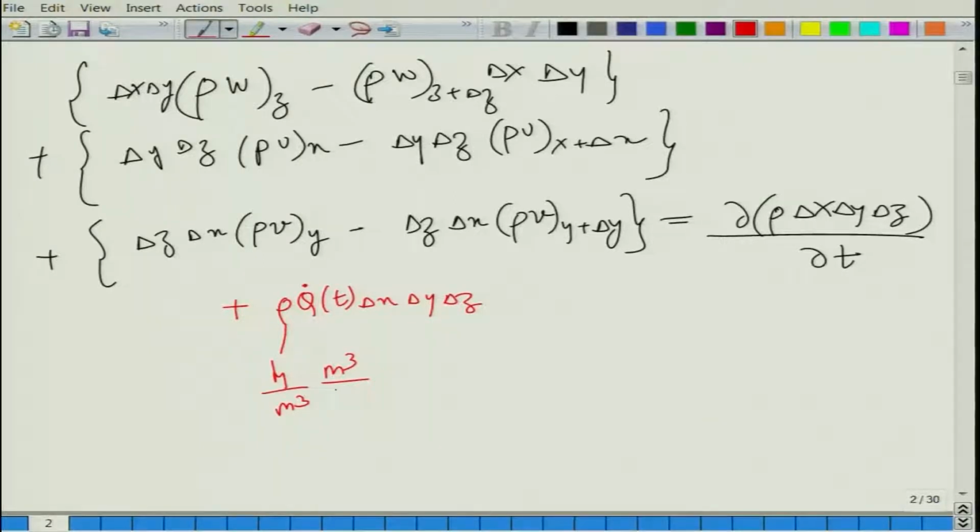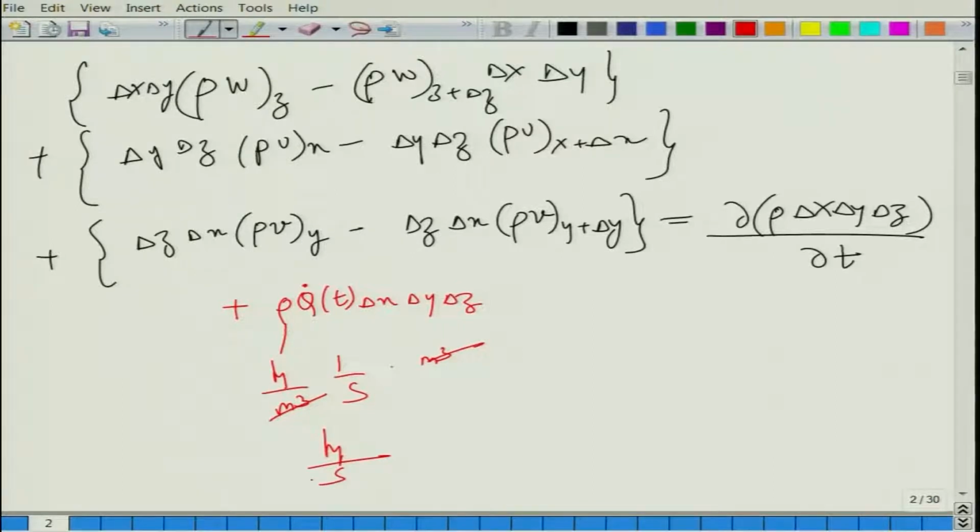Here we are defining this as flow distribution per unit volume, so this will have a unit of per second only, and then you have this meter cube term. These things will get cancelled, and eventually what we will have is kg by second.